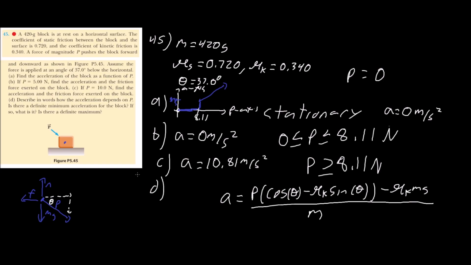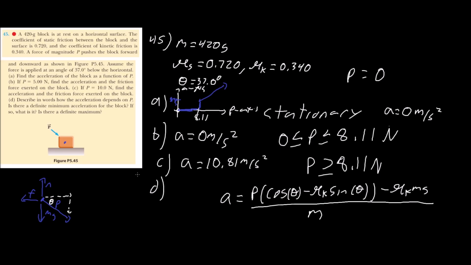Well, I just did. How the acceleration depends on P: there are 2 different functions, folks. I like to think of it as 2 different functions because there are 2 different scenarios. I'm going to describe this in my own words.